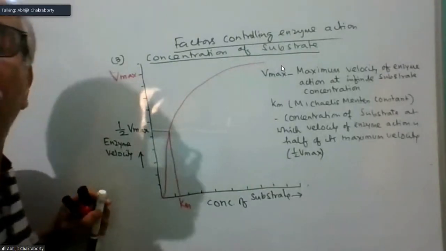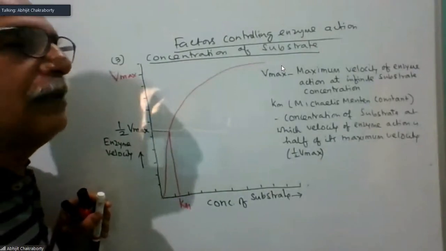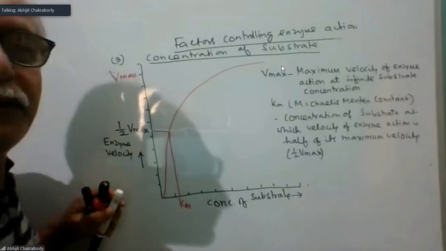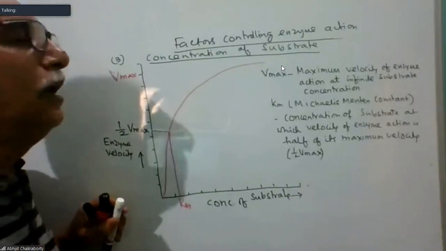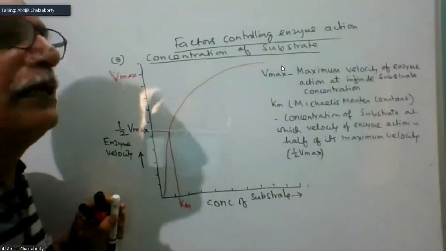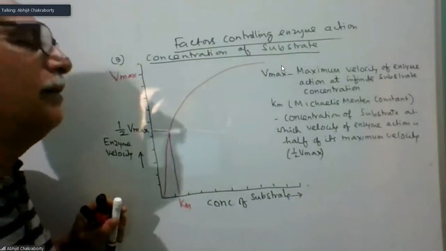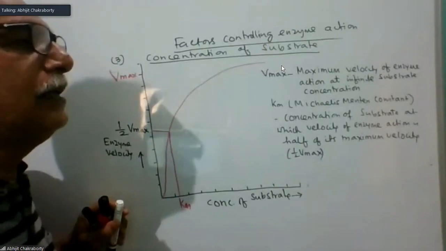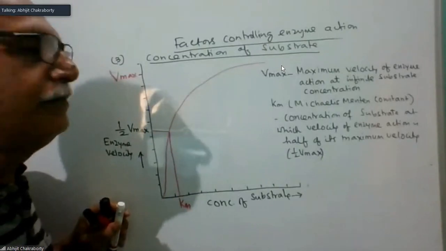That means once all the active sites of the enzymes are occupied by substrate, there will not be any increase in the enzyme velocity. If you add more and more substrate, there will be no increase in the rate of enzyme velocity. This is why it is called maximum velocity of enzyme action at infinite substrate concentration.